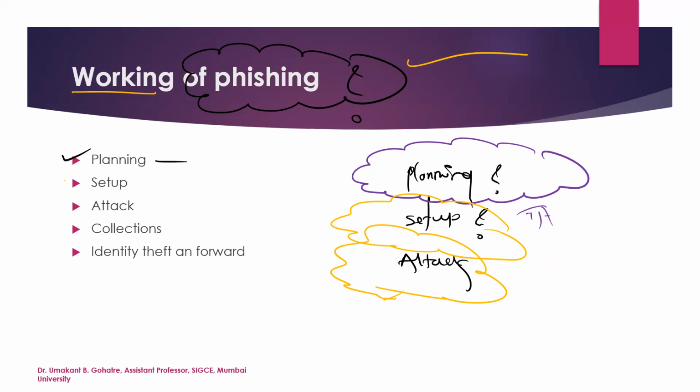Then the attack starts: the phisher sends messages, emails that appear to come from a reputed source. Email is the biggest way of attacking. Then collection: the phisher collects the information that victims enter on websites, emails, or pop-up windows created by attackers.